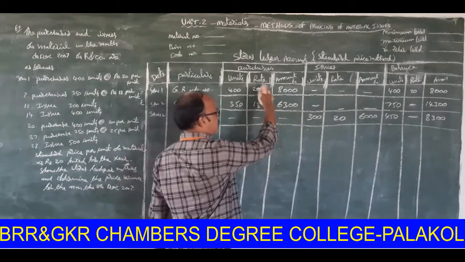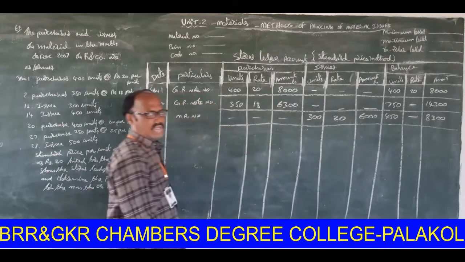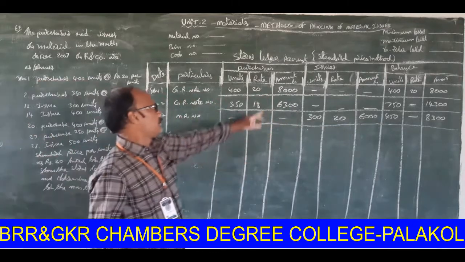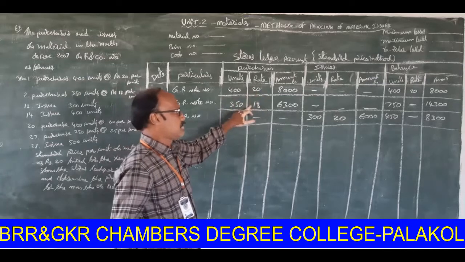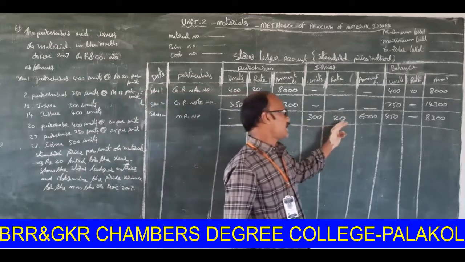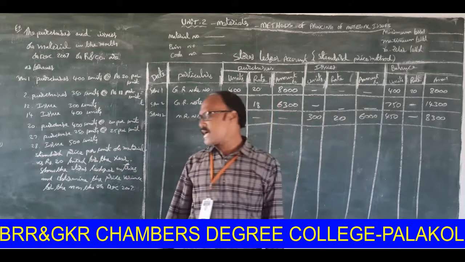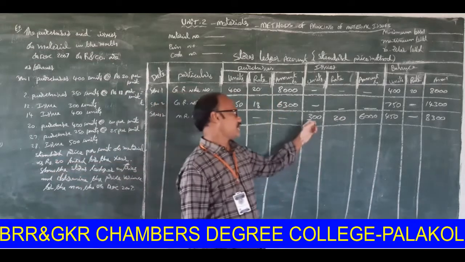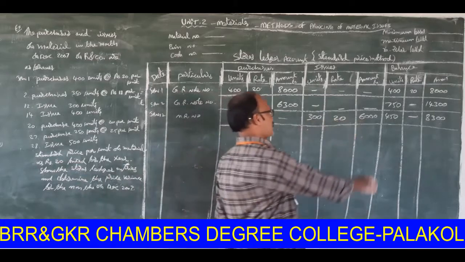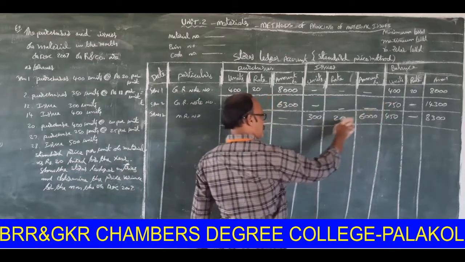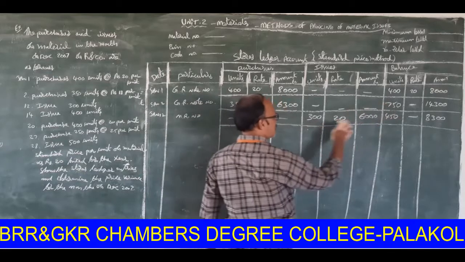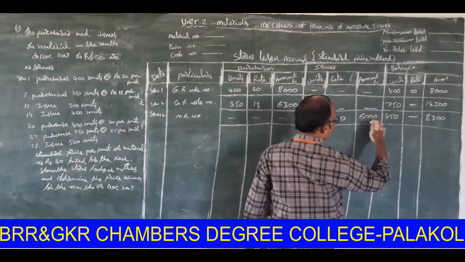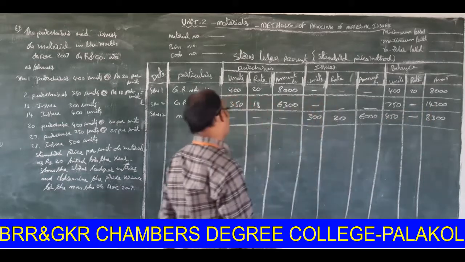Once again I am telling that, at the time of issue the purchasing prices are not to be considered. Only the standard price is considered. What is the standard price? It is 20 rupees. That's why 300 into 20, 6,000. 750 minus 300, 450. 14,300 minus 6,000, that is equal to 8,300.